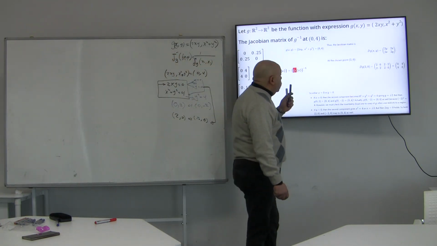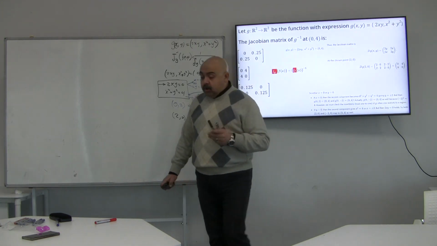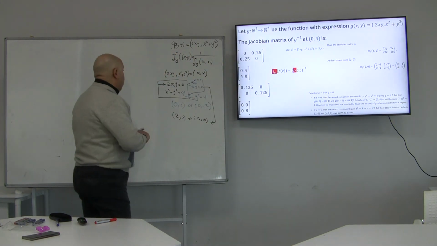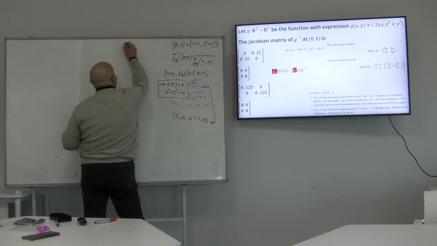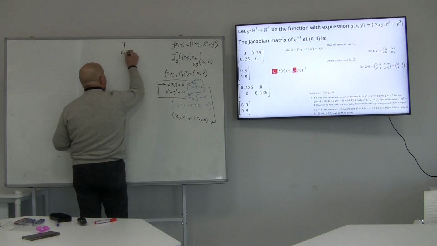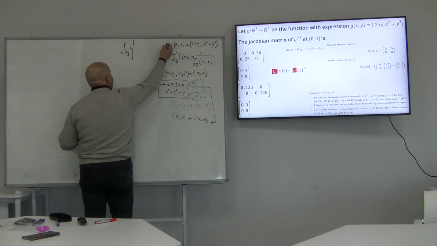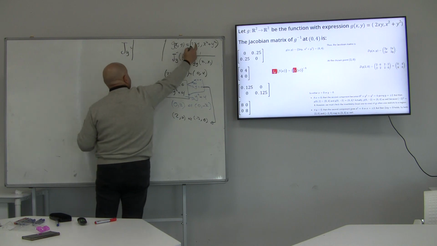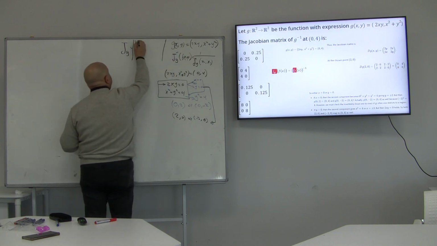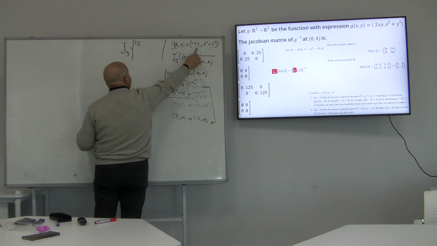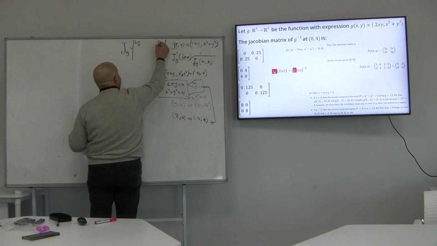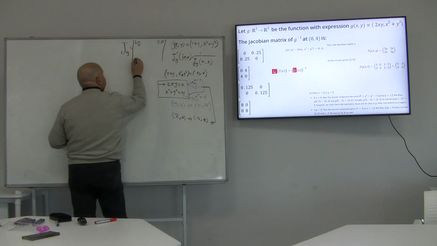Now I will get the Jacobian of this matrix. The Jacobian is really very simple. I will start differentiating. So this is the Jacobian J. Differentiating with respect to x gives you 2y. Differentiating with respect to y will develop 2x. The second function, differentiating with respect to x is going to be 2x.